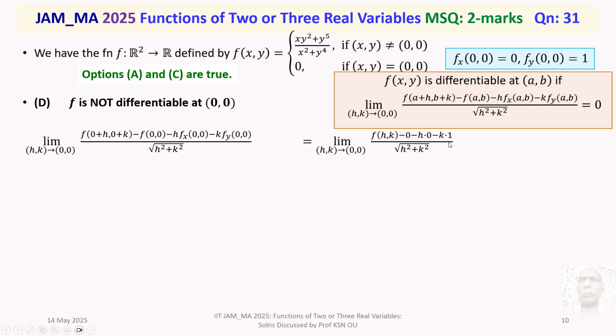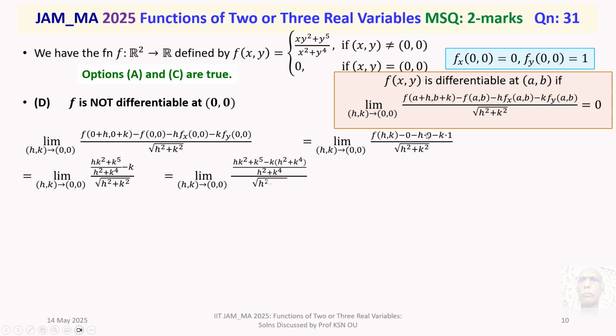So what is it that we got? Limit h comma k tends to 0, 0, f of hk; we have taken f of x y, x is equal to h, y is equal to k, we have substituted, minus k by the square root of h square plus k square. So we have taken the LCM in the numerator and we got this one.